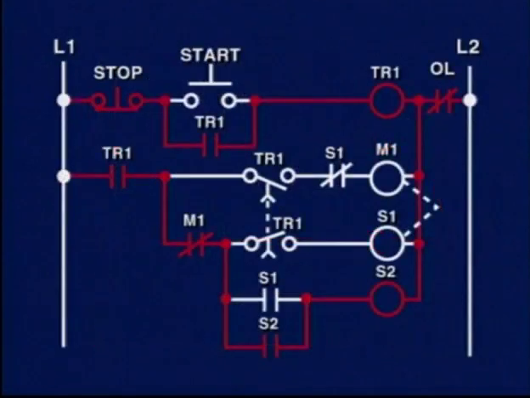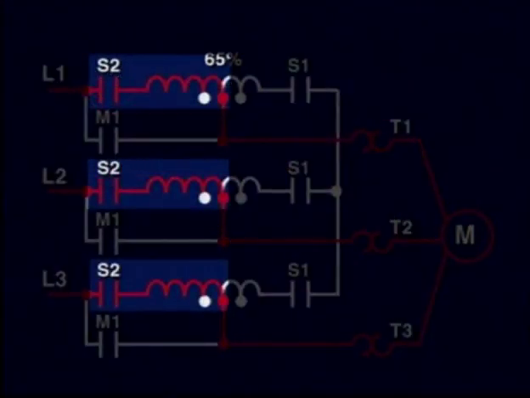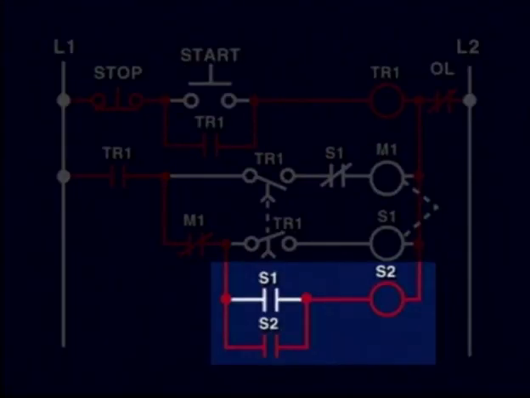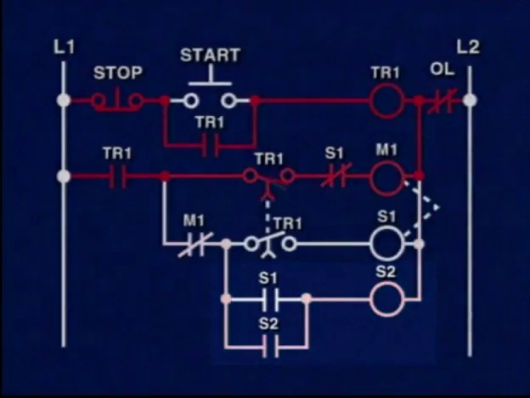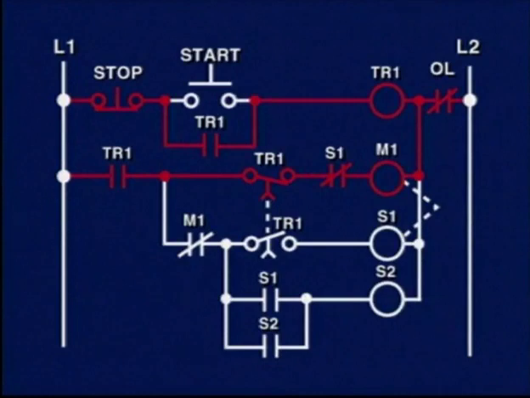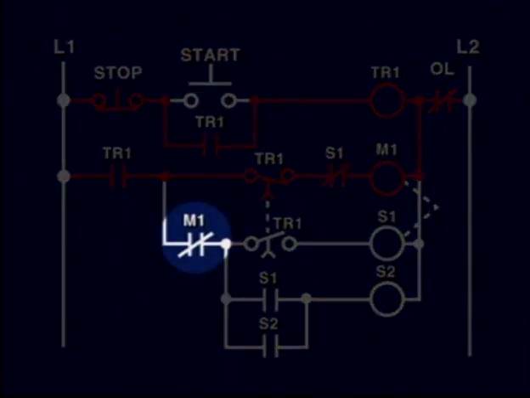This is obtained because the interlocking of coil S2 is kept by its own contacts. Remember, the S1 contacts are in transition. When coil M1 is energized, the contactor S2 is taken out by the opening of the auxiliary M1 contacts.